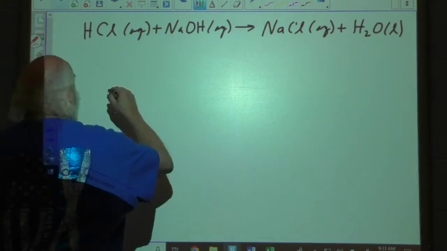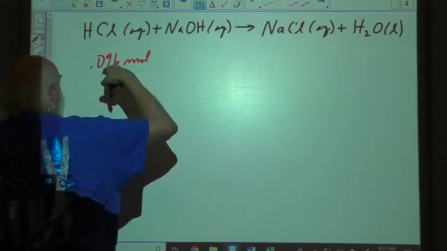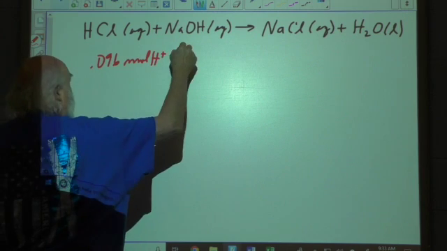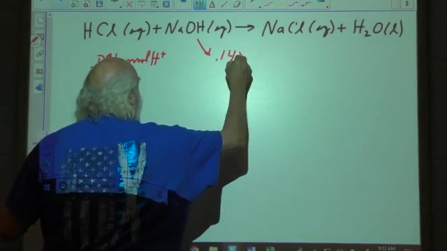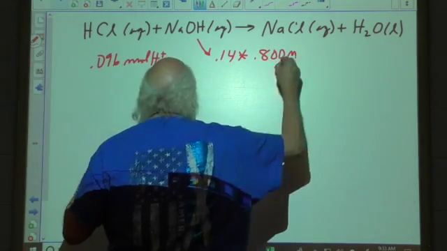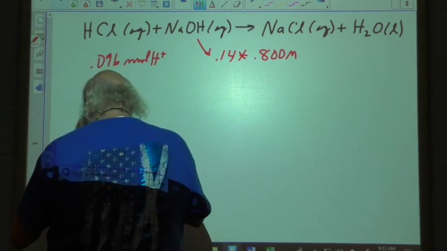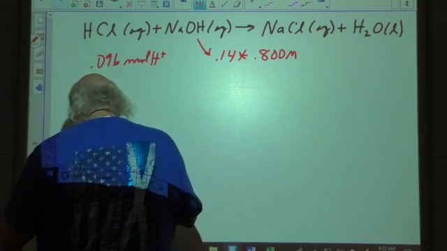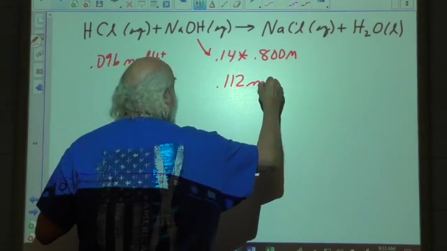Let's do it this way. We got 0.096 moles of hydrogen, and the sodium hydroxide then is 0.14 times 0.800 moles per liter, and for that we get 0.112 moles of hydroxide.